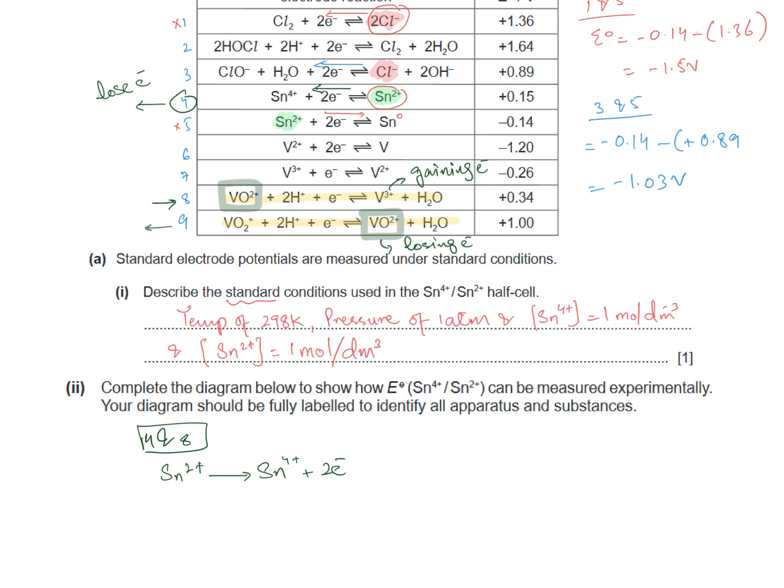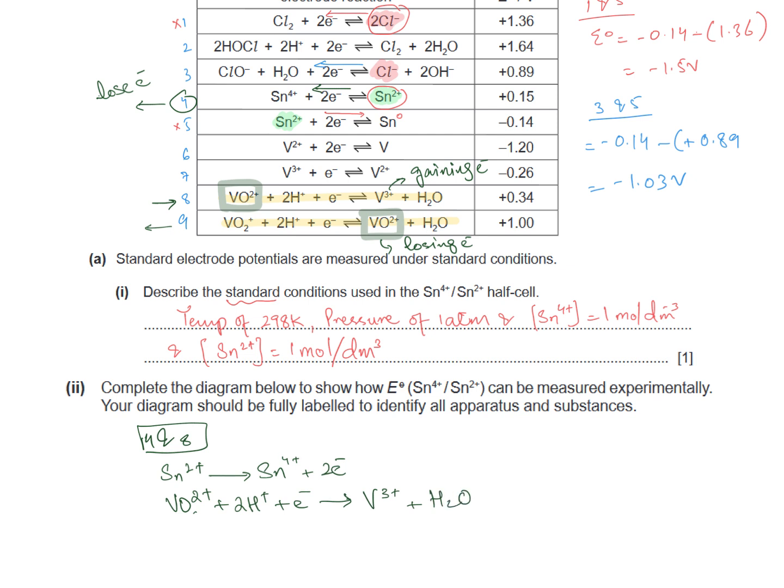And equation 8 is my VO2+ plus 2H+ plus e-, which is going to go forward. It's going to form V3+ plus H2O in this case.